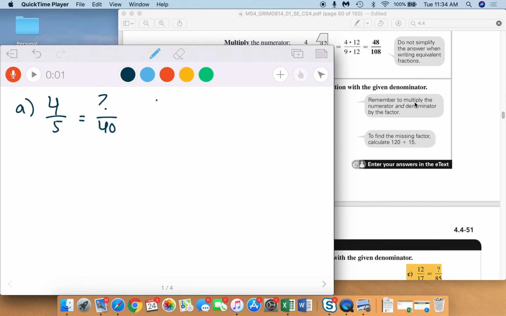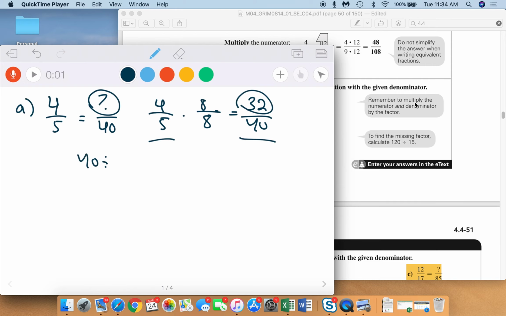So 4/5 times 8 over 8. 4 times 8 is 32 over 40. So this number is 32, and these are equivalent fractions. If I didn't see that I need to multiply by 8, I would say 40 divided by 5 equals 8, and that tells me what to multiply by.